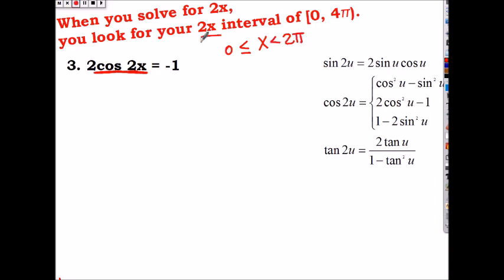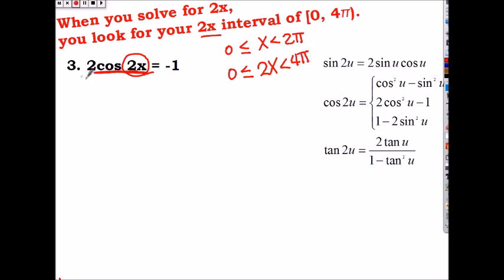But now, if you're solving the equation in terms of 2x, it will all double. You see how x doubled? That means 0 doubles, which is 0, and 2 pi doubles to 4 pi. And you will see why at the end when we solve our final solutions.